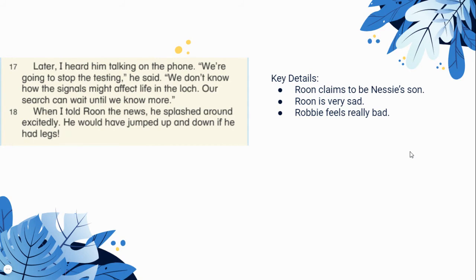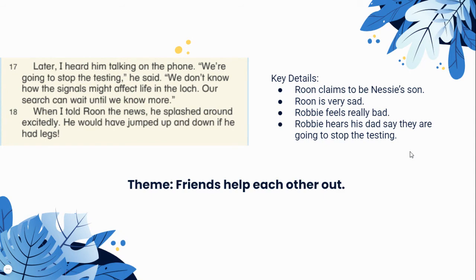In these paragraphs, we get the key detail that Robbie hears his dad say they are going to stop the testing. So using our list of key details, think about what the author wants us to learn. The story's theme, based on these details, is that friends help each other out.